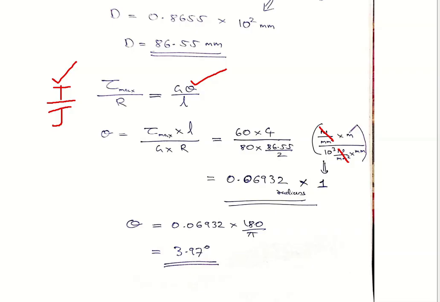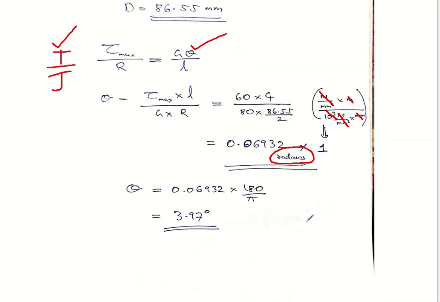Meter is nothing but 10 raised to 3 millimeters, so numerator and denominator cancel out. So we will get a unitless term, but it is nothing but radians. It is radians in SI units. It may show us unitless, but it is actually radians. Theta we are getting in radians.